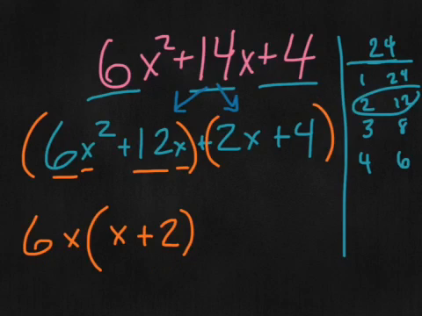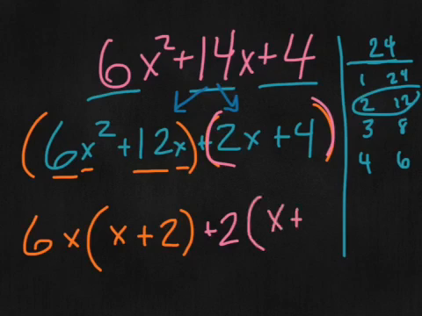And now we're going to factor over here as well. I'm going to switch colors so we can tell the difference. Both of them are divisible by 2. This is a constant, so we can't divide this one by x. So we'll just pull out the 2, positive 2, so plus 2, and then we have x plus 4 divided by 2 is 2.